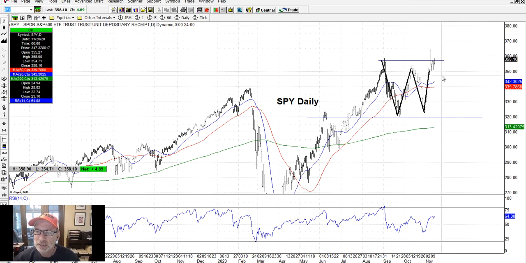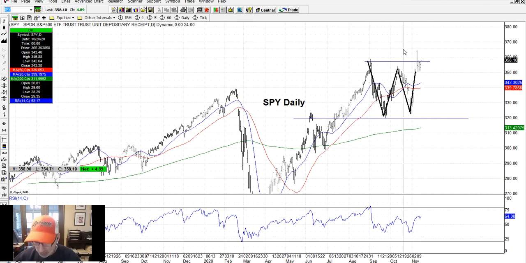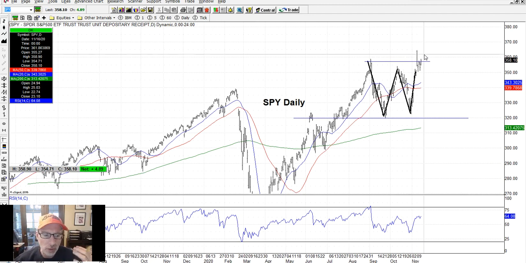If you see that little dash mark on the right side of the bar, each one of these bars is one day's worth of trading. It closed above the resistance line. So that's very important. Closing price is very important when you're analyzing charts. So it popped back above it, and we have to see what happens next week. The coronavirus vaccines are making some headway. Other companies are creating their vaccines as well.